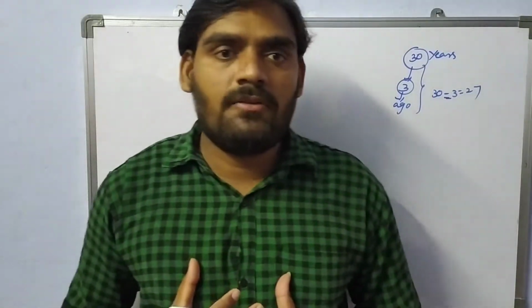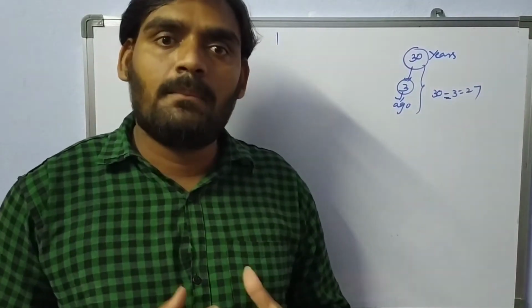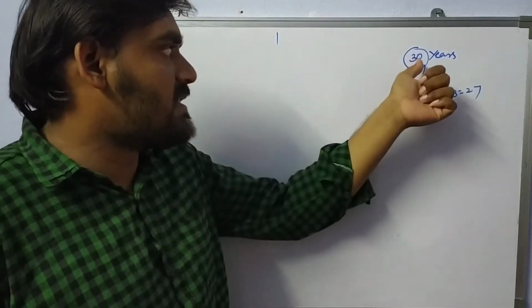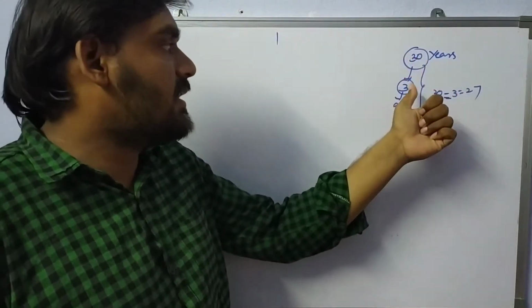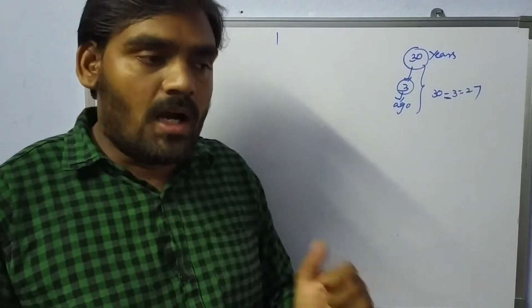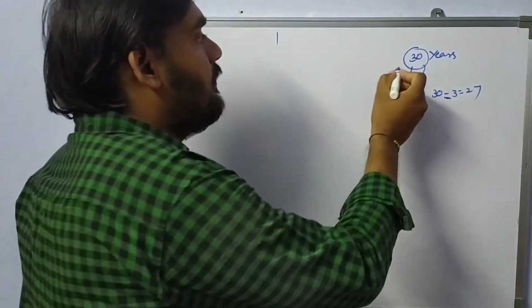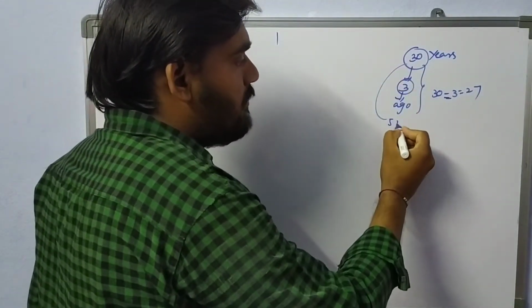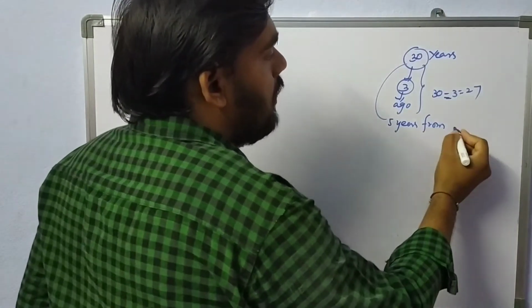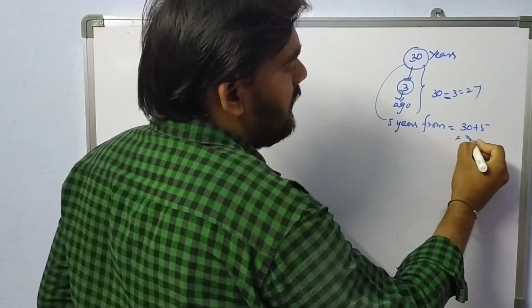Suppose my present age is 30 years. 3 years back, my age would be 27, isn't it? Like that only. Here the present age of Rahman is 30 years. 3 years ago, his age would be 30 minus 3 is equal to 27. And 5 years from now, his age will be 30 plus 5, 35.